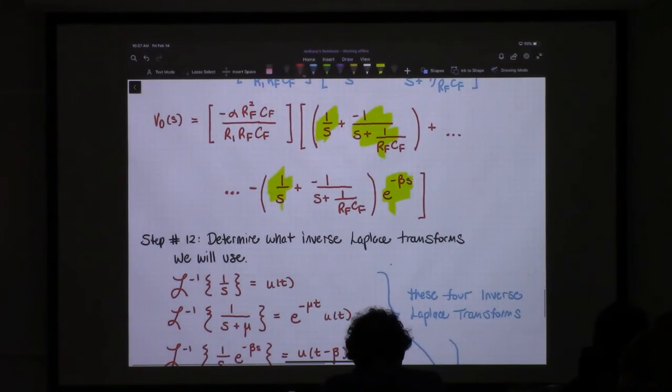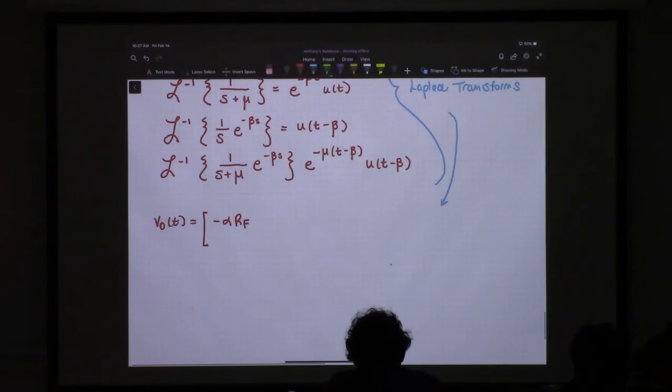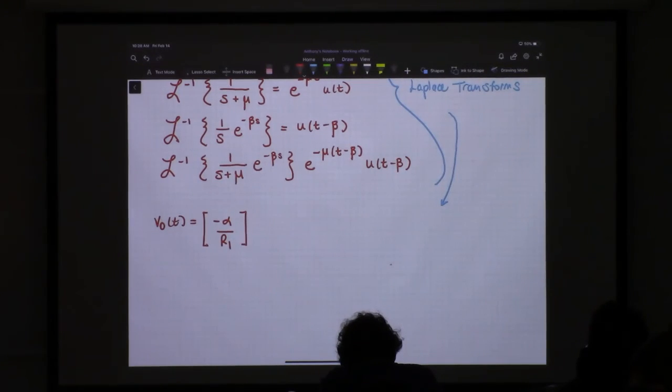So right, this will cancel out this. This will cancel out the squared. So we should just be left with negative alpha over R1. Oh, there's still one of the RFs left.